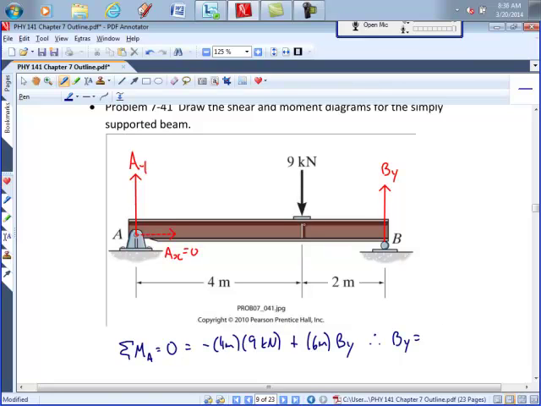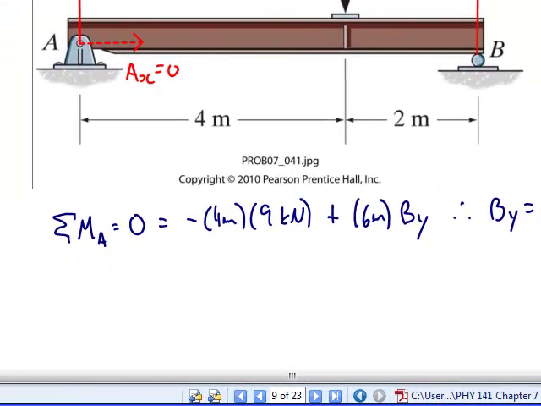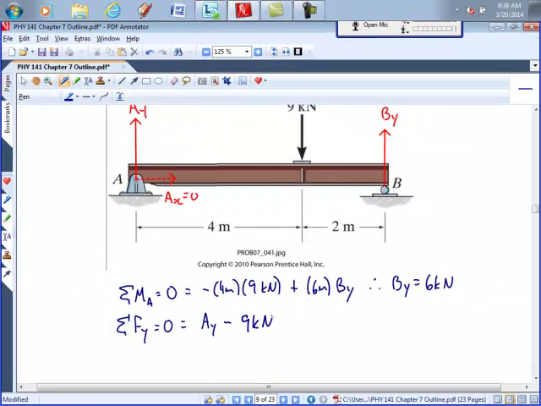Yeah, so it's going to be 2/3 of the 9 kilonewtons, or 6 kilonewtons. And then our other equation of equilibrium would be net force in the y direction equals 0, AY minus 9 kilonewtons plus BY, which is 6 kilonewtons, therefore AY equals 3 kilonewtons.